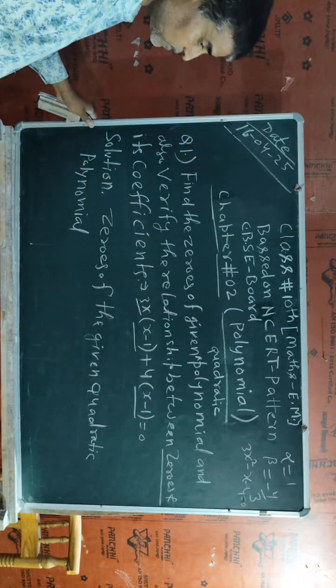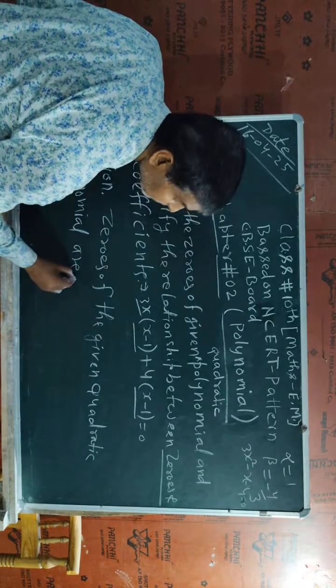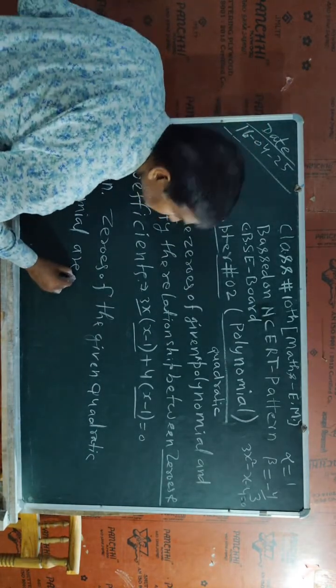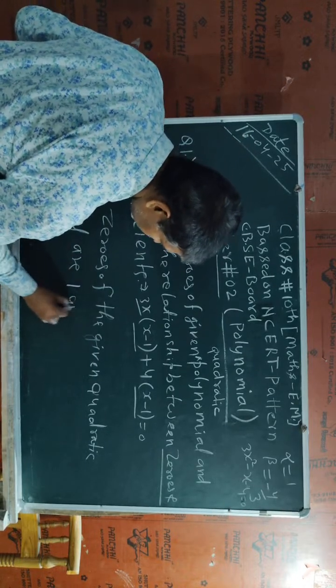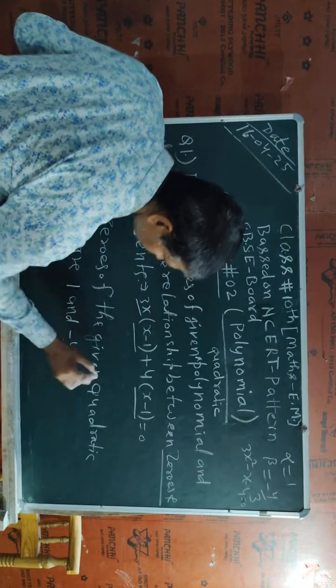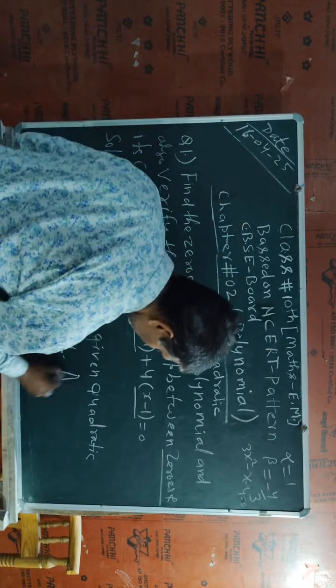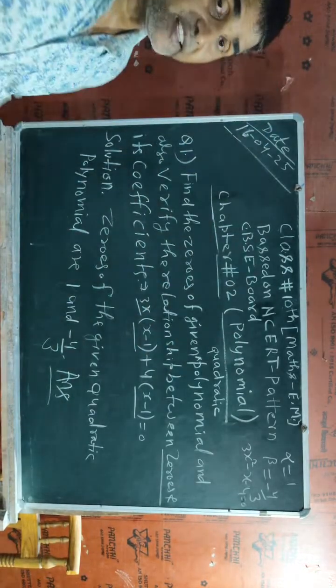Zeros of the given quadratic polynomial are: one root is alpha, that is 1, and the other is minus 4 divided by 3. This is one answer. Okay student, you have to write like this.